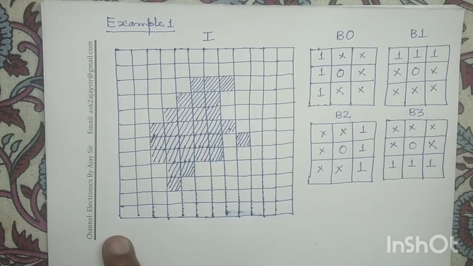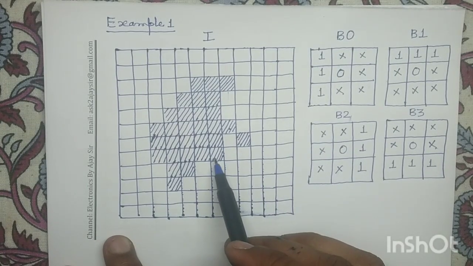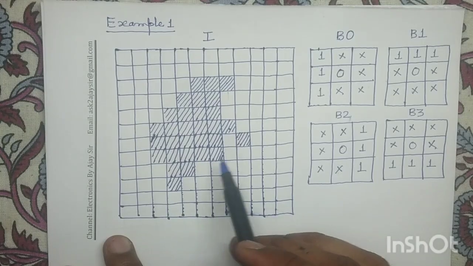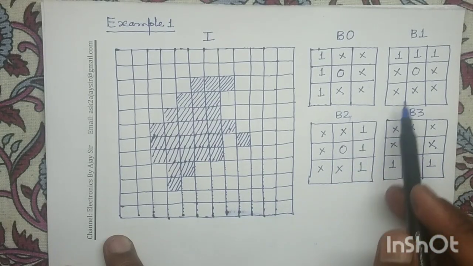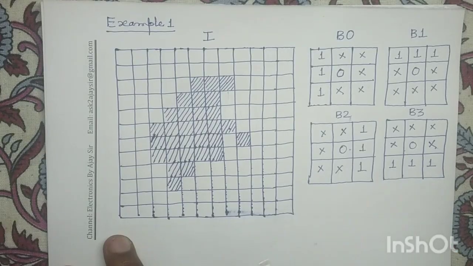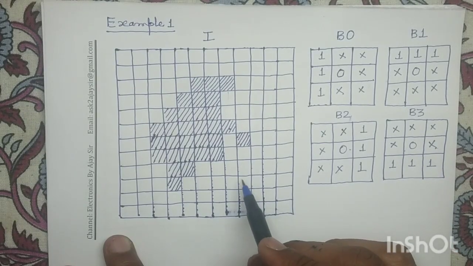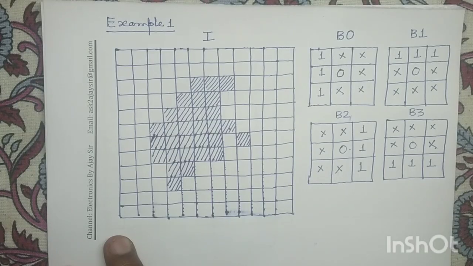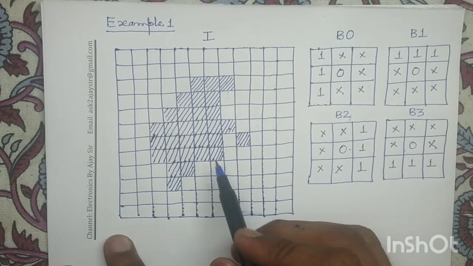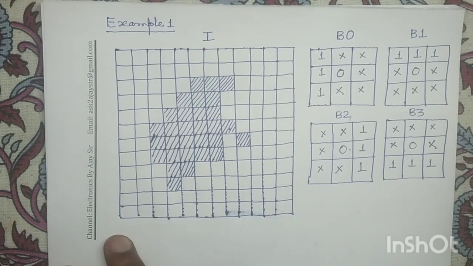In order to perform the convex hull operation, we will use these four structuring elements B0, B1, B2 and B3 on this object set I, and we will determine the convex hull for it.